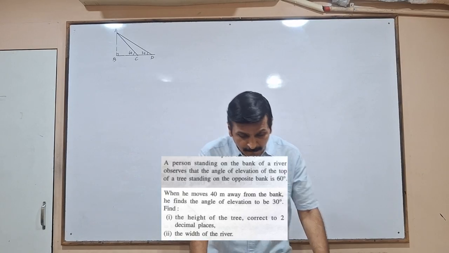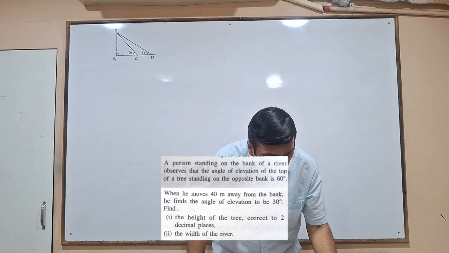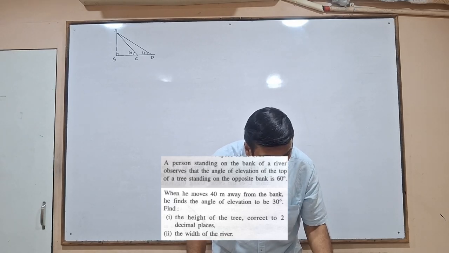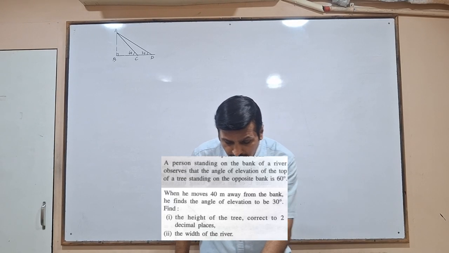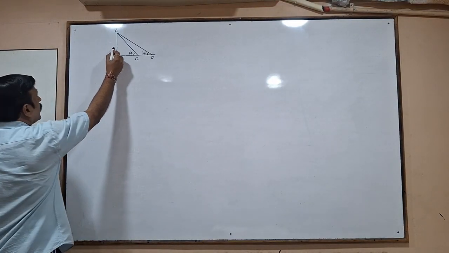Question says, find the height of the tree correct up to 2 decimal places and the width of the river. We want the height of the tree.